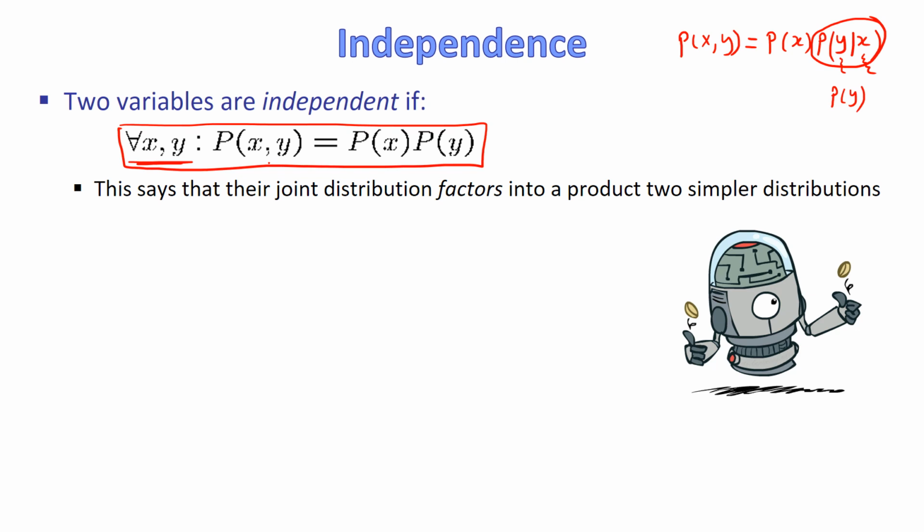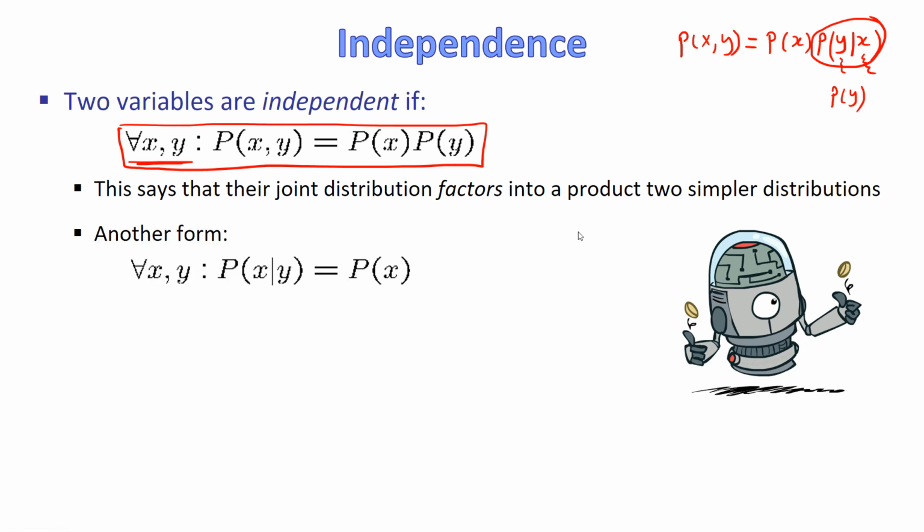I can just have the marginal distributions, and from that I can easily compute the joint distribution. And of course, the marginal distributions are much smaller in size than the joint distribution. Okay, so the joint distribution factors into the product of two much simpler distributions.